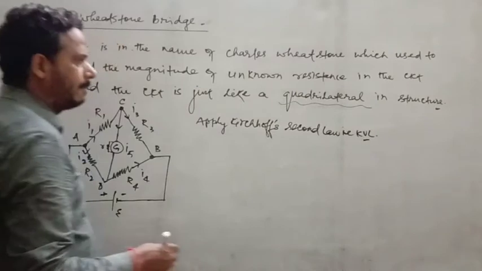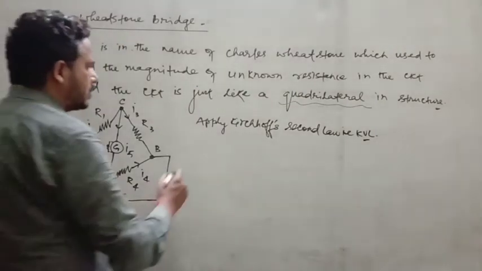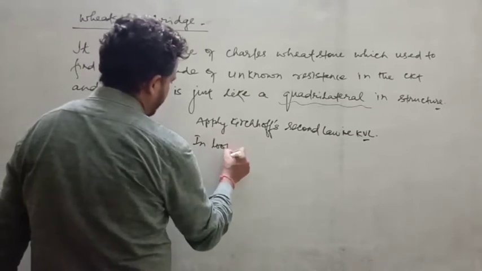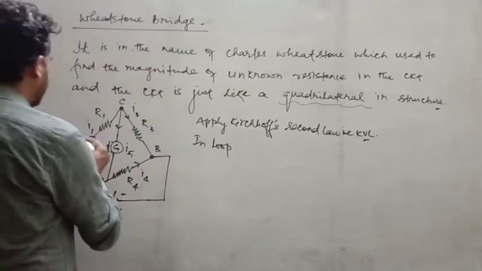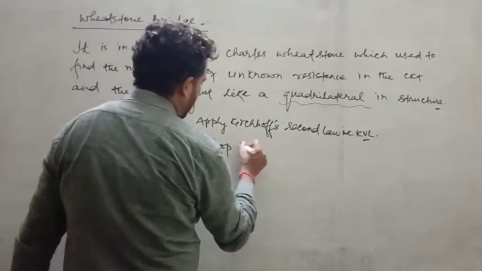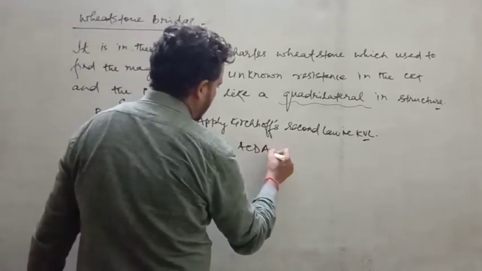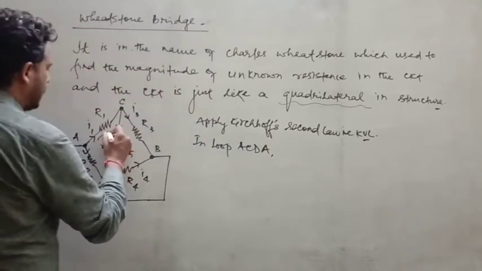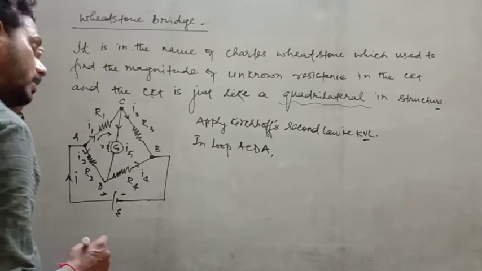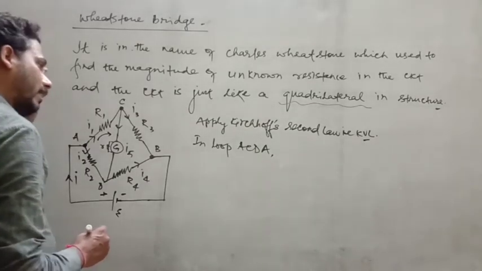Suppose the nodes are A, B, C and D. In the loop we take A, C, D, A, one loop in the clockwise direction. Due to this loop, you have to apply this KVL.